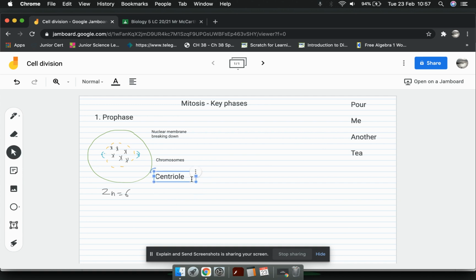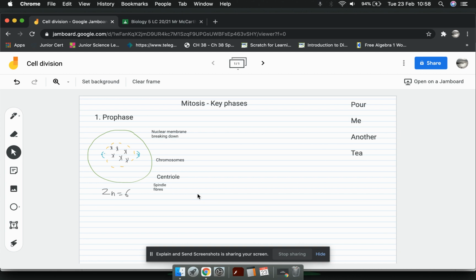The centriole is often mixed up with something else called the centrosome. I hope you remember that the centrosome is located at the center of the chromosomes. We've got the spindle fibers as well. Don't forget you should use arrows for this.